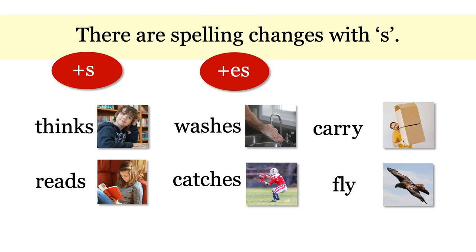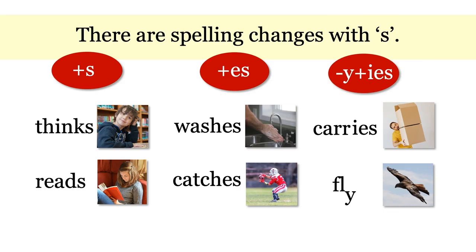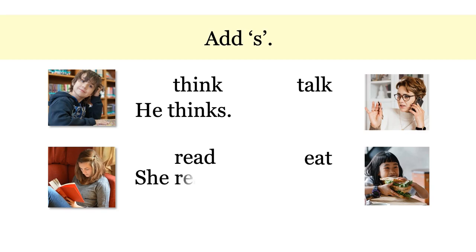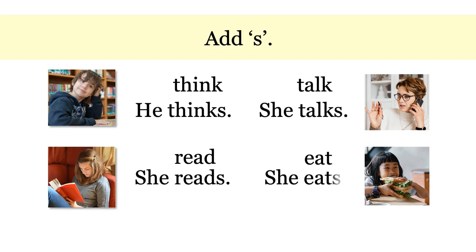And for other verbs, we drop the Y and add IES, like carries and flies. Let's take a closer look at these rules. For many verbs, add S. He thinks, she reads, she talks, she eats.